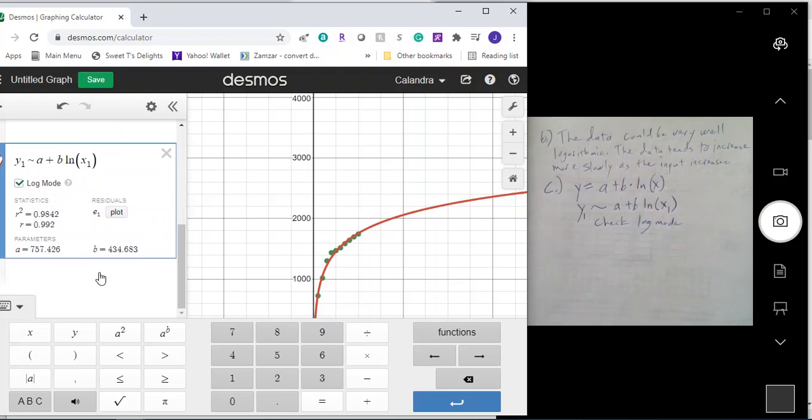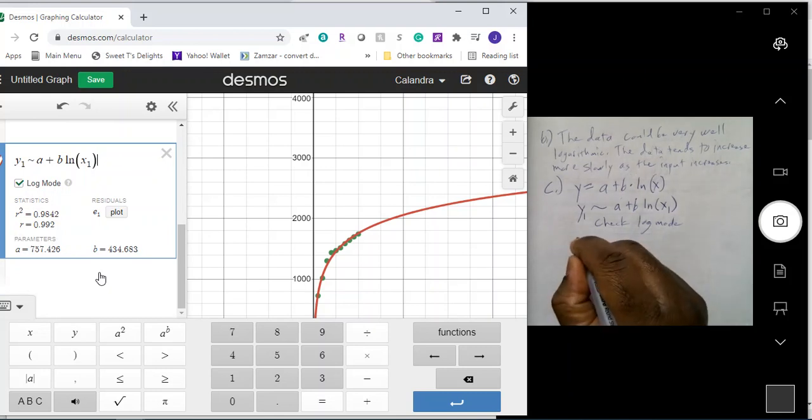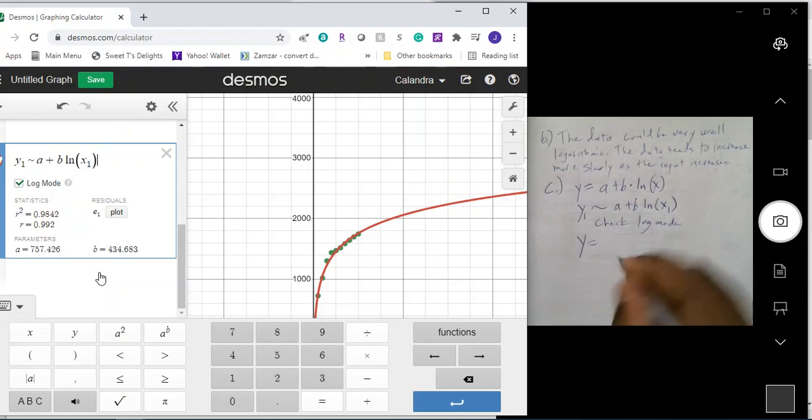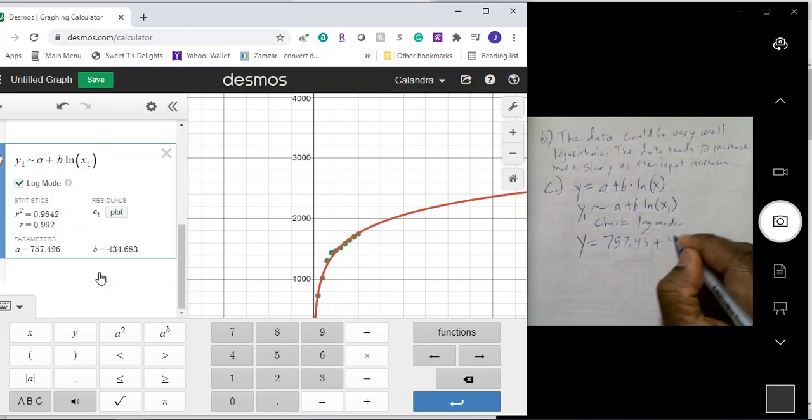Now remember, the initial problem asks us to write this using g of t and t. I'm going to write this out first as this equation. It'd be y equals 757.43 plus our b is 434.68 times the natural log of x.